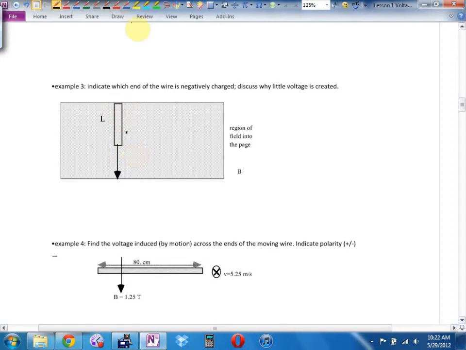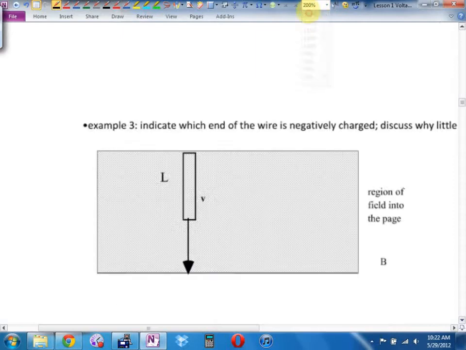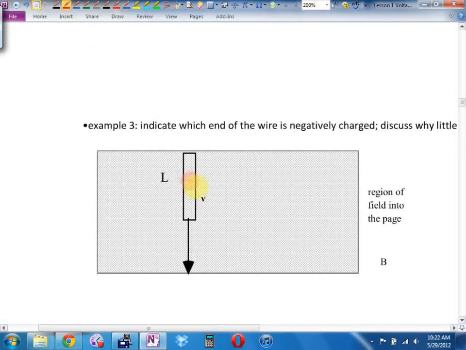Let's look at our little tiny positive charge right here. Which way is he traveling? Down the page. So as practice, point your thumbs down the page. Which way is the magnetic field? Into the page. Which way will he get pushed? To the... How far can he travel, though? If this is a thin wire, barely anywhere. Yes, you're going to separate positive and negative charges, but like barely, Katie. Nothing.